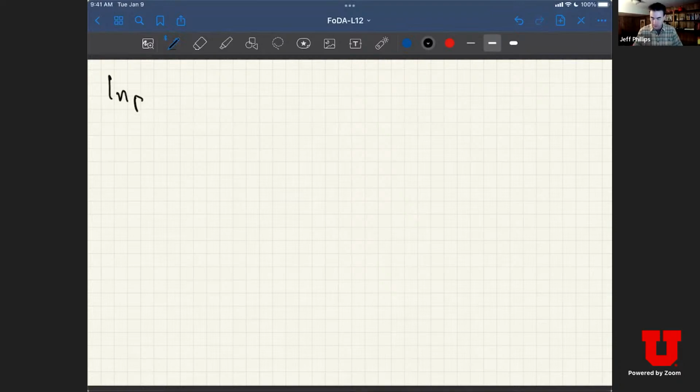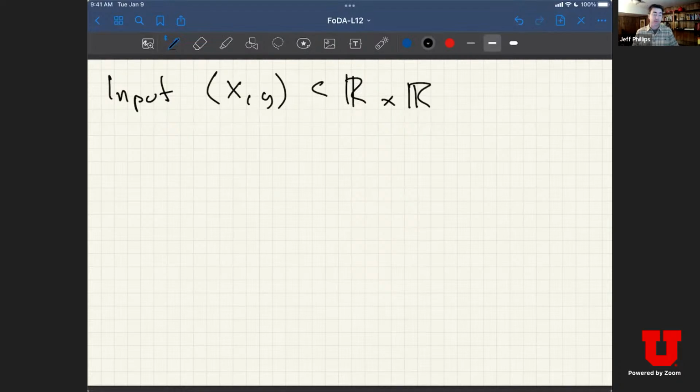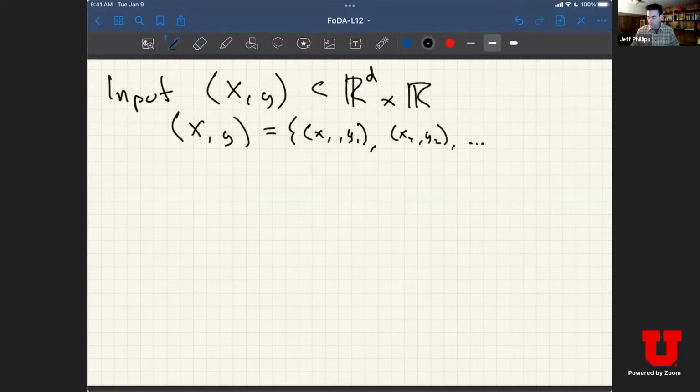Okay, so the input to the problem, remember we wrote this as x, y, and before we were saying this was a subset of R cross R, where x was real valued and y was real valued, but really we're going to change this now to x being in R^d. So what does this mean? It means that we can think of the data as a set of pairs (x1, y1), (x2, y2), up to (xn, yn).